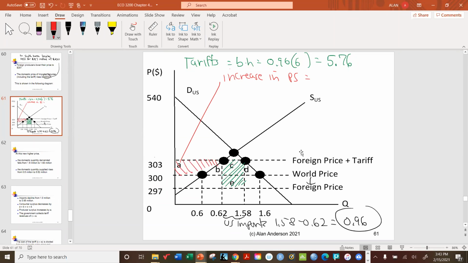If you're not sure, all you have to do is break this down into a rectangle and a triangle. It's a little bit confusing, but the rectangle has an area of 0.6 times the height, which is 3. And this triangle here is very small: 1/2 times base 0.02 times height, which is also 3. Let's see what this turns out to be.